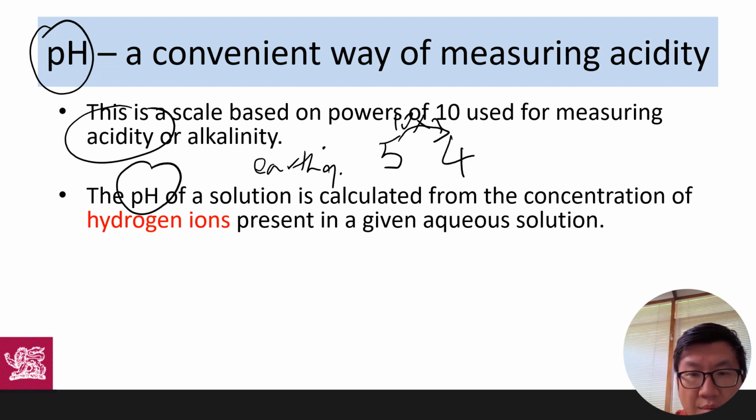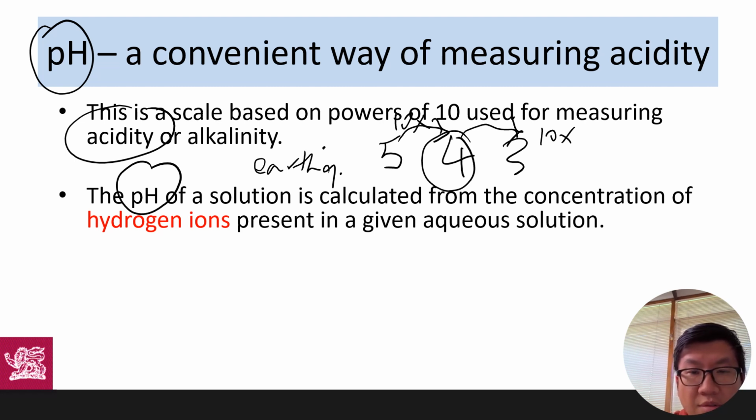And a Richter scale 3 earthquake would be 10 times less powerful than an earthquake of Richter scale 4.